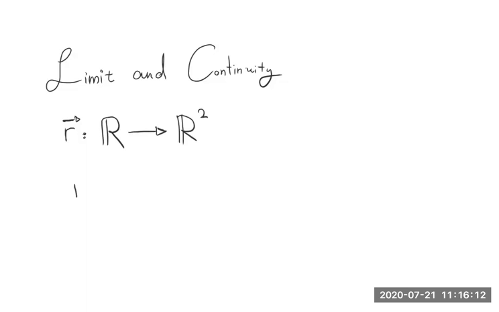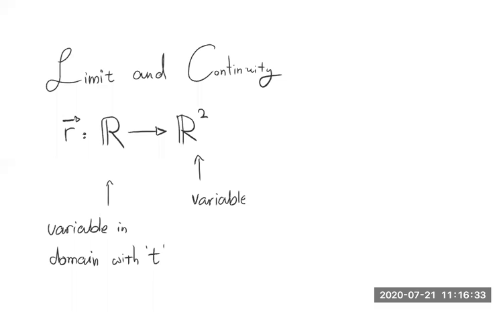So I would show the variable in the domain with t, and I would show the variables in the target space, or codomain, with x and y.